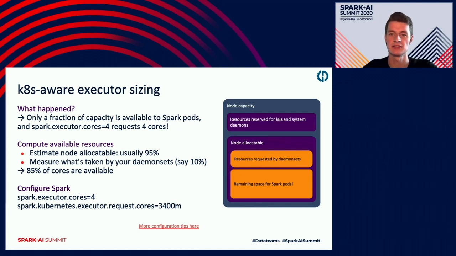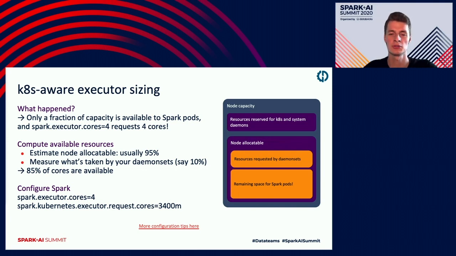It depends on the size of your node and the Kubernetes settings by the cloud provider. And even that is actually not available to your executor pods, as you usually have some daemon sets running like fluentd or something. So eventually, in my example, you only have 85% of the node that is available to your Spark executor pod.